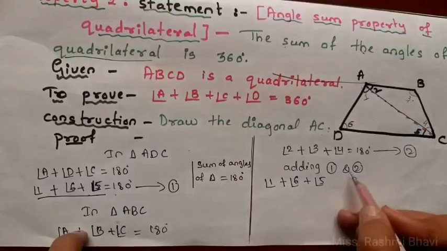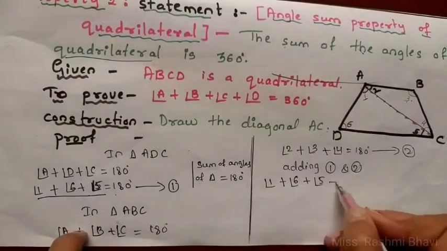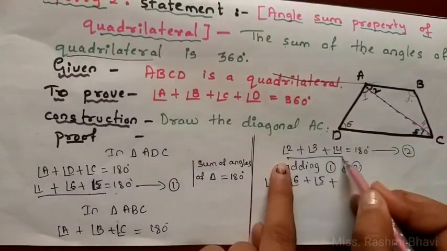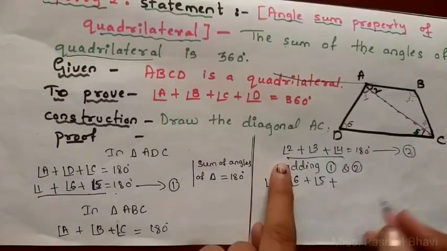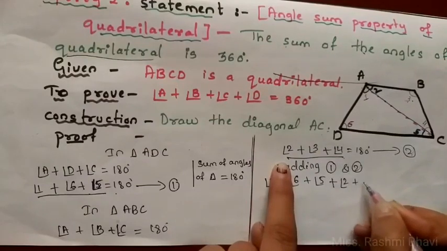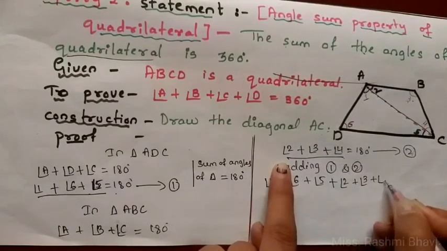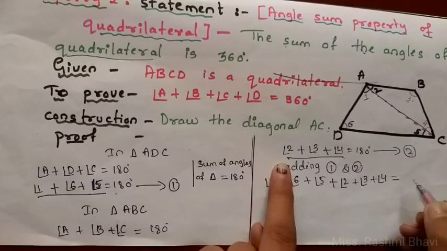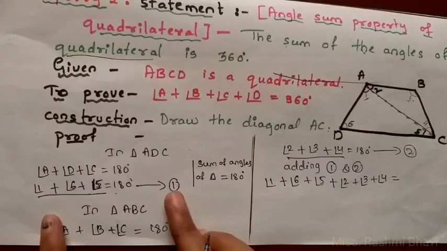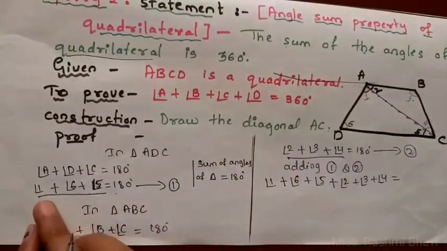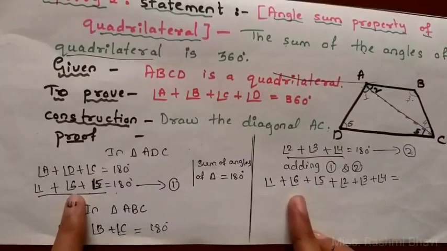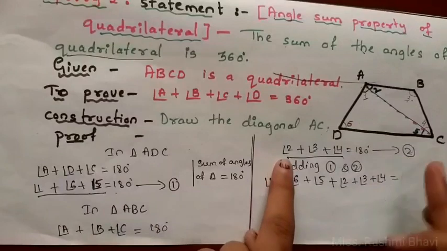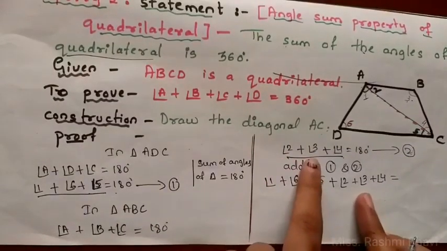What we are doing here? We are adding. Next plus the left hand side of equation 2, which is angle 2 plus angle 3 plus angle 4.